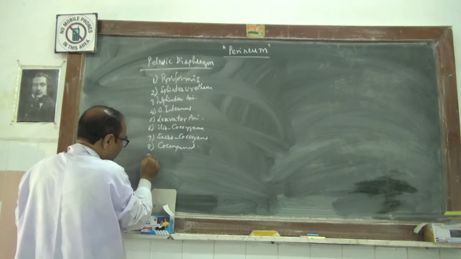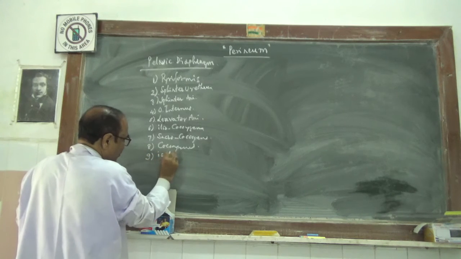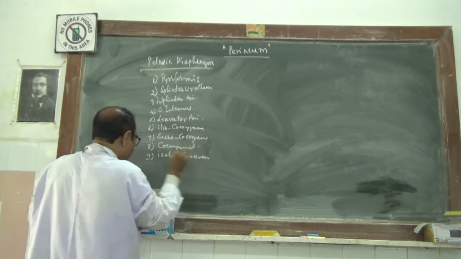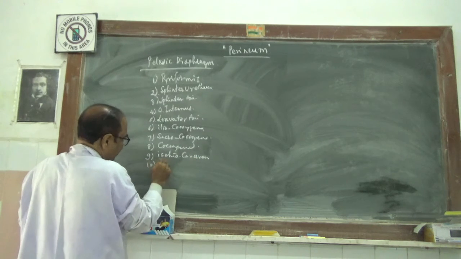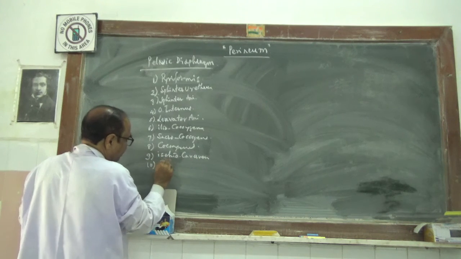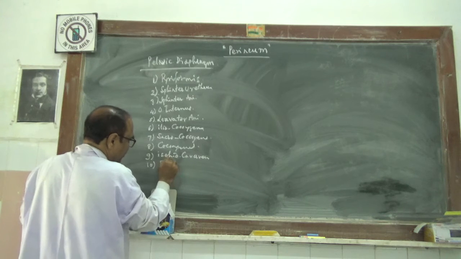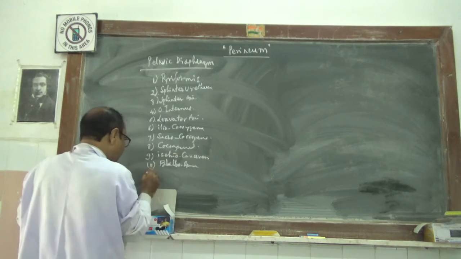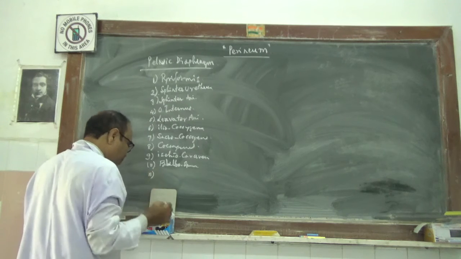with the ischiocavernosus and bulbospongiosus. Then you have one more muscle.